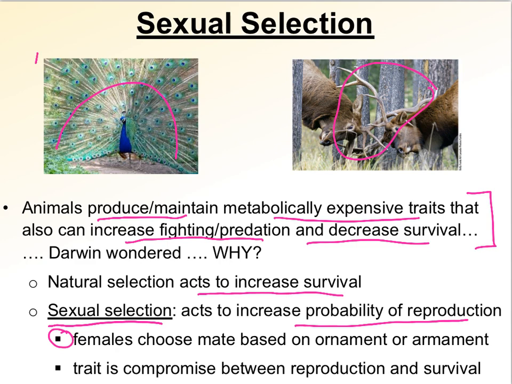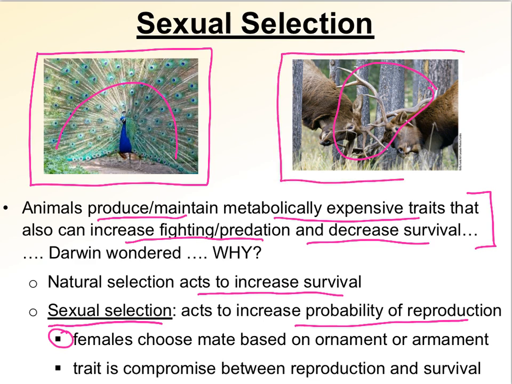Here you can see an example of ornament, right? These beautiful feathers. It indicates to the female that this is a healthy organism that's been able to produce these beautiful feathers. Or they choose a mate based on armament. Here you have these structures that lead to good fighting, and a female might choose the organism that wins the battle with their beautiful antlers.